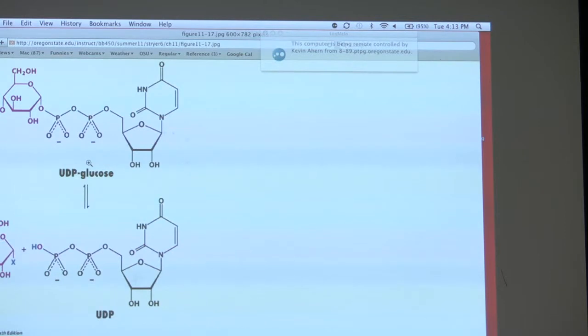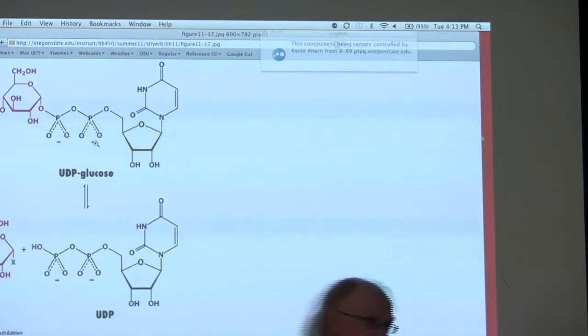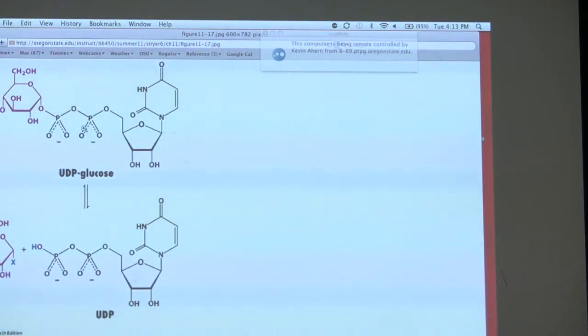Well, when I combine that UDP with a glucose, as we see here, what I've done is I've created a molecule called UDP glucose that has a lot of energy. UDP glucose is a very energetic molecule. It's much more energetic than glucose by itself.